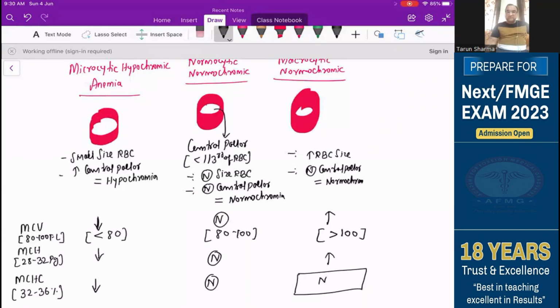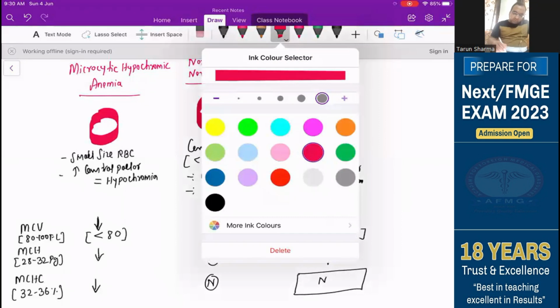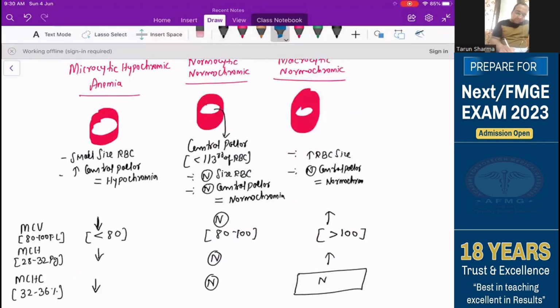In that case, you have to focus on one very important cell in that peripheral blood smear, and that is the lymphocyte, the small lymphocyte. Always look for the small lymphocyte. If you can appreciate the small lymphocyte, then you have to compare the size of the RBCs with that small lymphocyte.